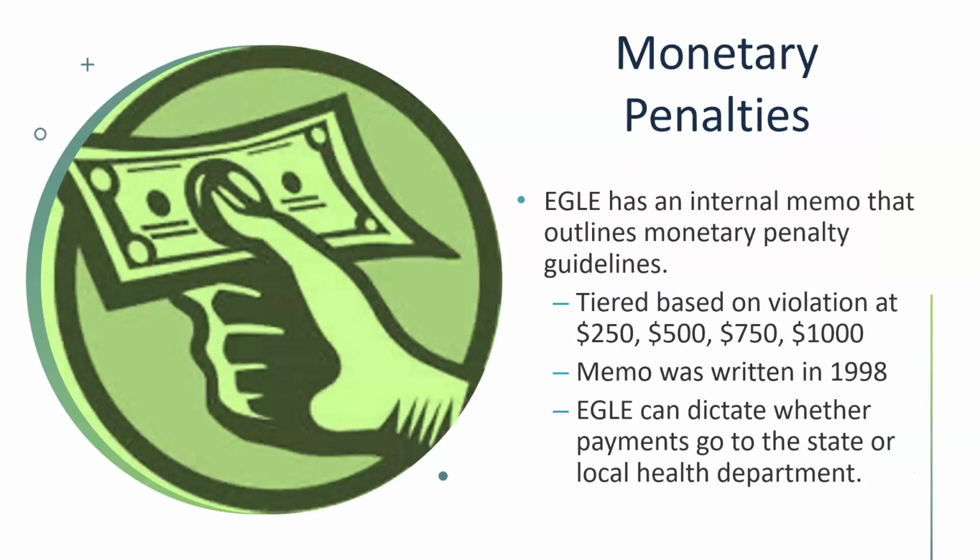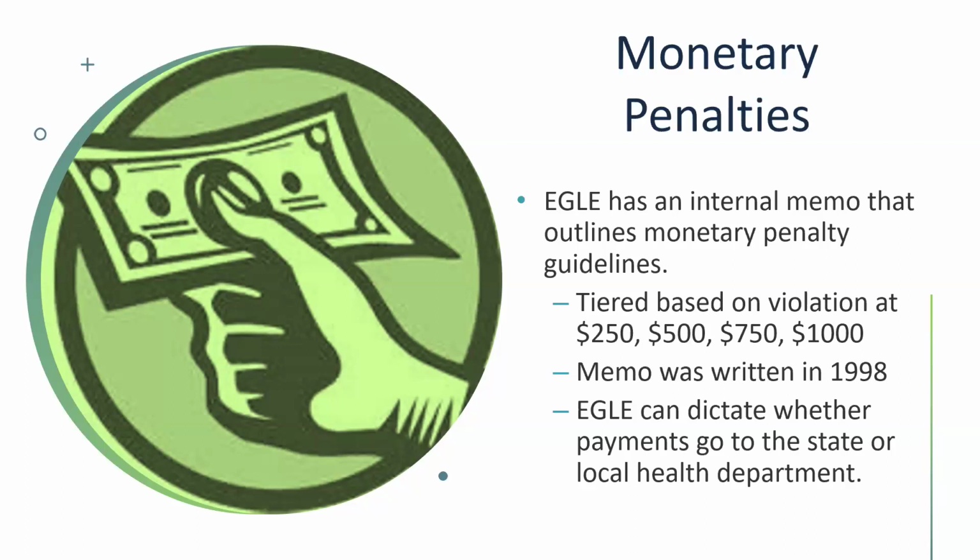EGLE does have an internal memo that we use for monetary penalties. This has been signed and reviewed by the Attorney General's office, but it's from 1998, so it's old, and the violation amounts are not in keeping with current times, but they're tiered at $250, $500, $750, and $1,000 based on the type of violation.